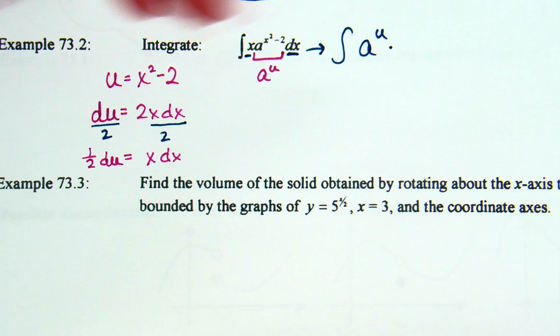Now, officially, when I rewrite this, I'm going to take that 1/2, and where am I going to put it? Yeah, I'm going to put that 1/2 out front, so then it's 1/2 times the integral of a to the u du. Well, good news is this nicely fits into our rule, doesn't it? Keeping the 1/2 out front, what's the integral of a to the u?